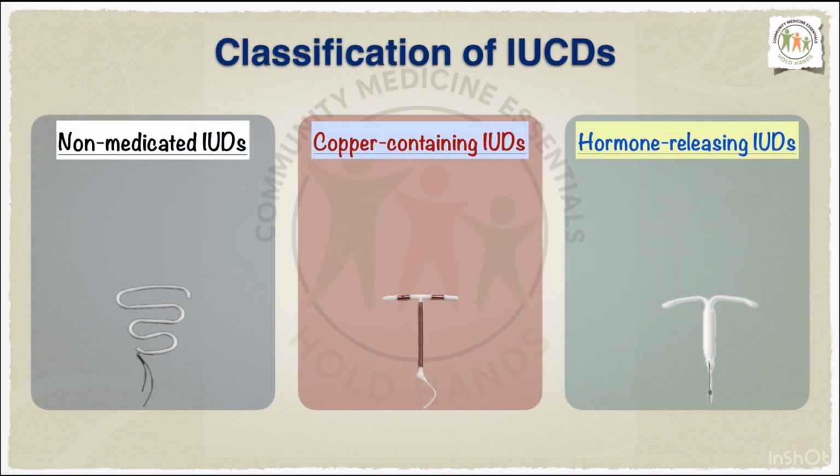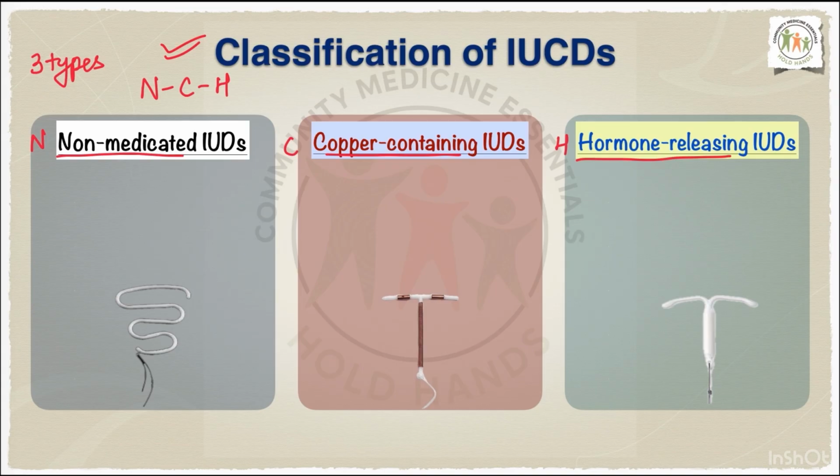Now let's move on to the classification of IUCD. These are broadly classified into three types. You can remember this by the mnemonic NCH. N stands for non-medicated IUDs, C stands for copper-containing IUDs, and H stands for hormone-releasing IUDs.